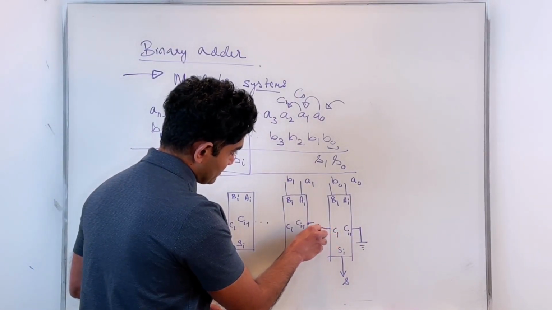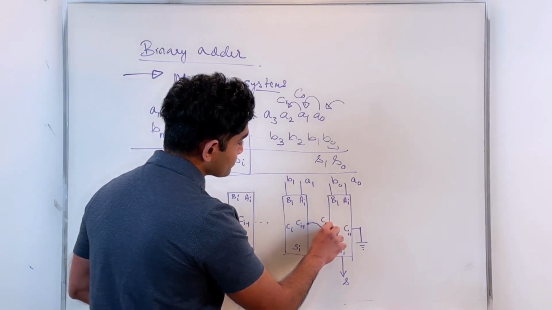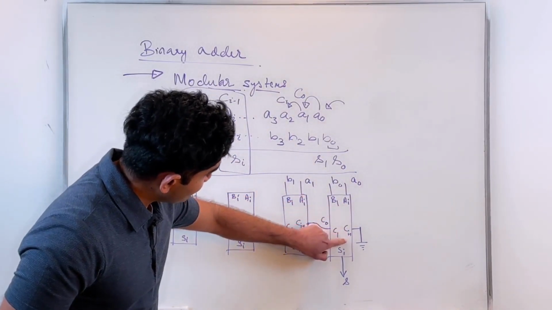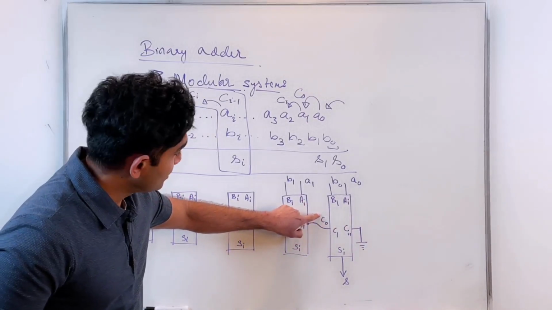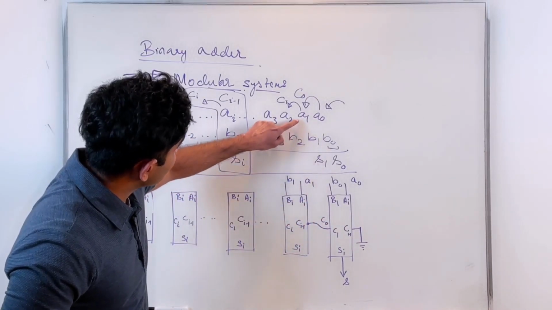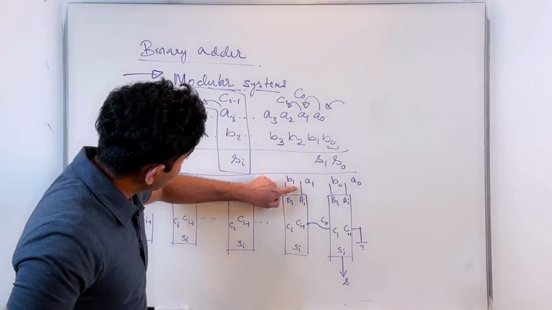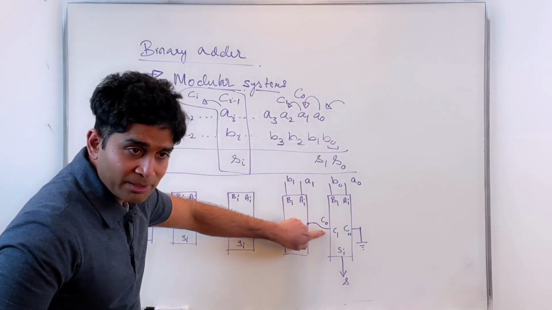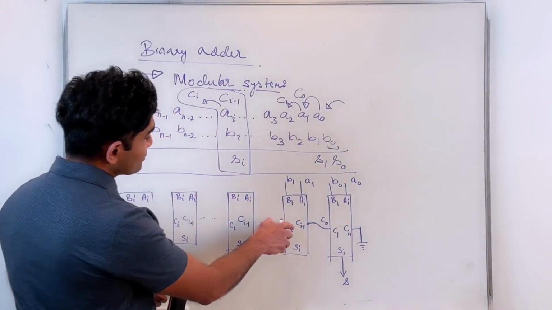Yes, because this is going to compute your C0: A0, B0 plus CI minus 1, which in this case, of course, is 0. That's going to give you your C0. And in this bit position, I would like to add A1 plus B1 along with C0, which is coming from here. All right. And so on.